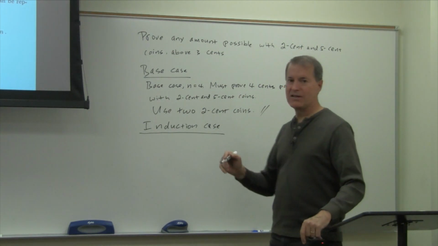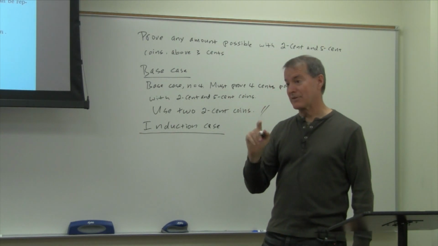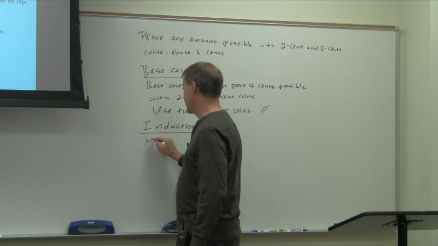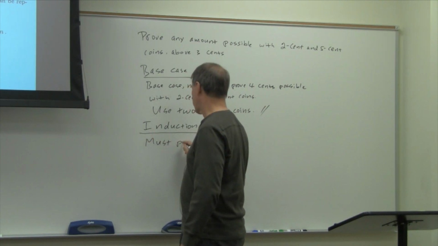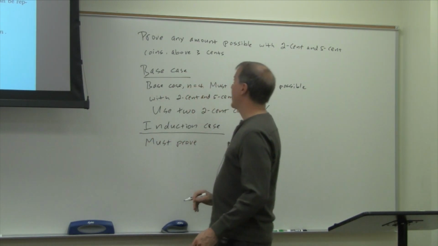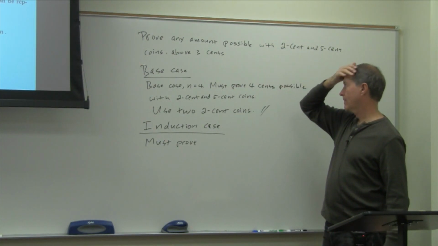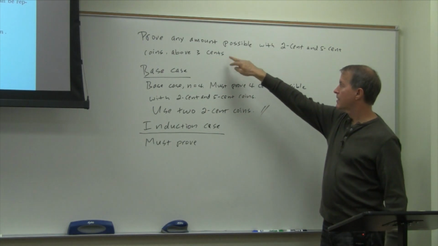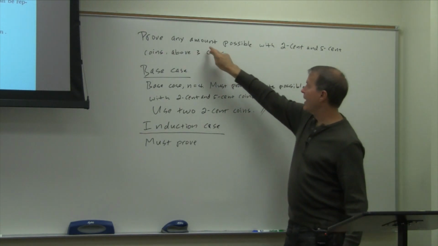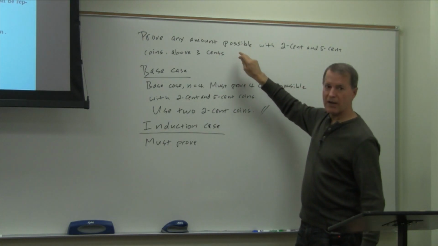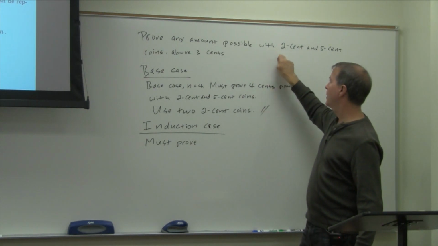And you must write this down: we must prove that n plus 1 cents is possible with 2-cent and 5-cent coins.